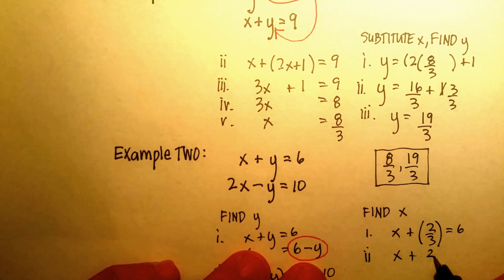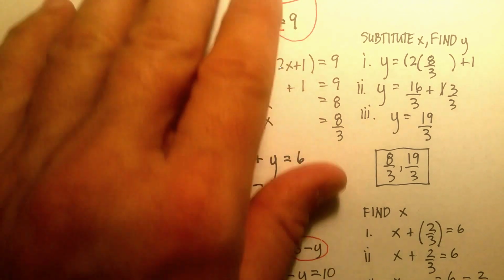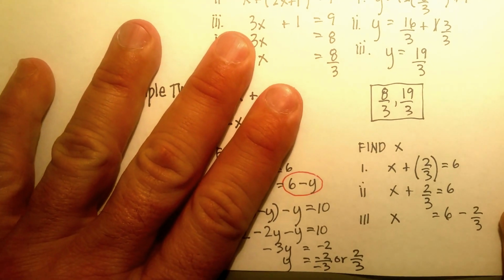Let's just rewrite it like this. Let's subtract 2/3 from both sides. So x will be equal to 6 minus 2/3.